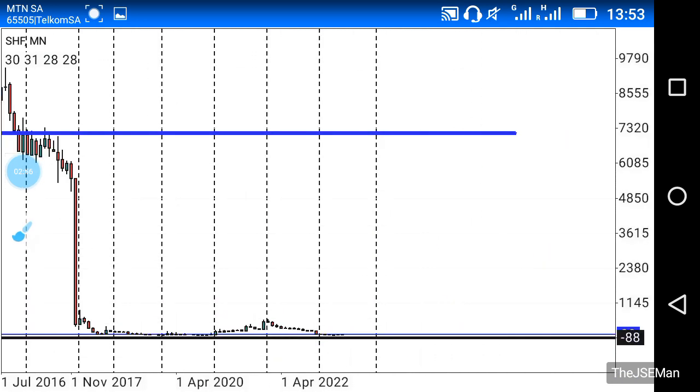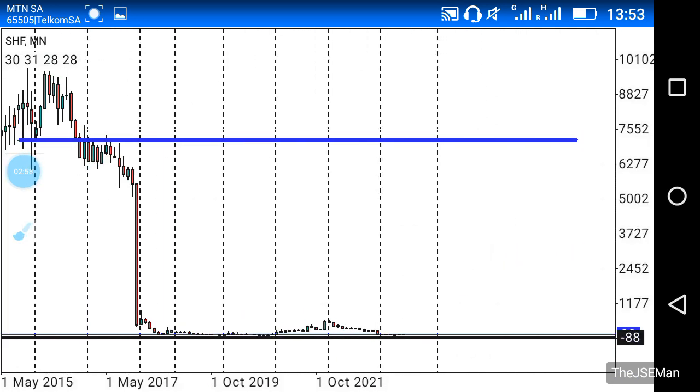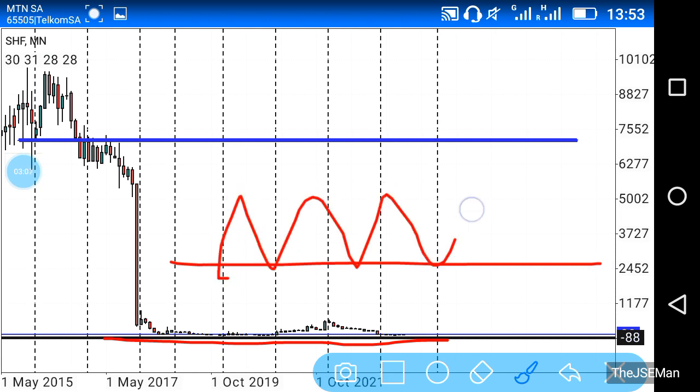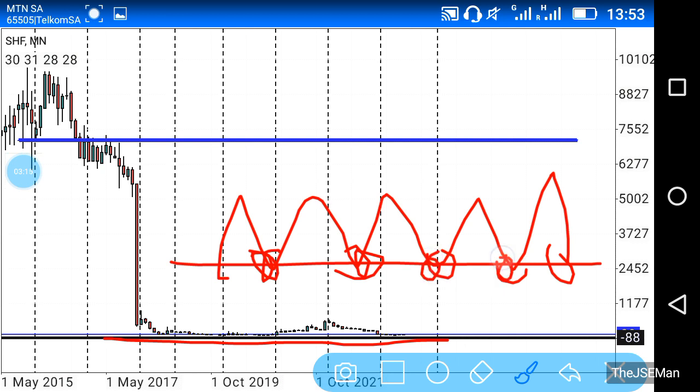So another thing that I also want to speak about is that where we have this area over here, we have the support area and we had multiple rejections of price in and around that area. So what this tells me is that people have been buying at these points. A lot of traders and investors have been buying at these points, and in the case of traders, a lot of them have been putting their stop losses just below.